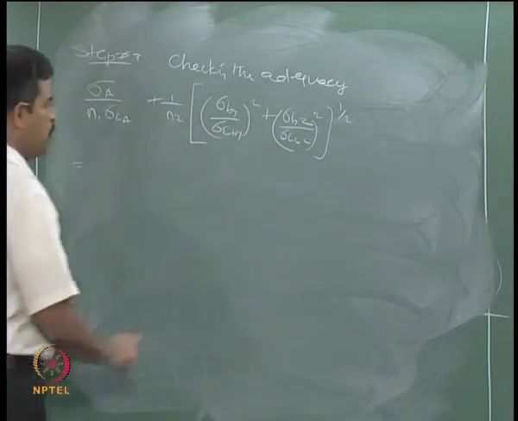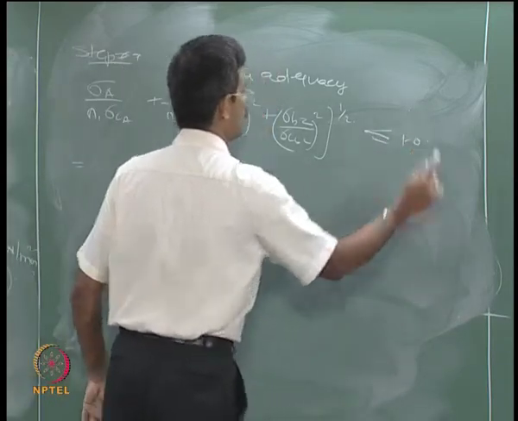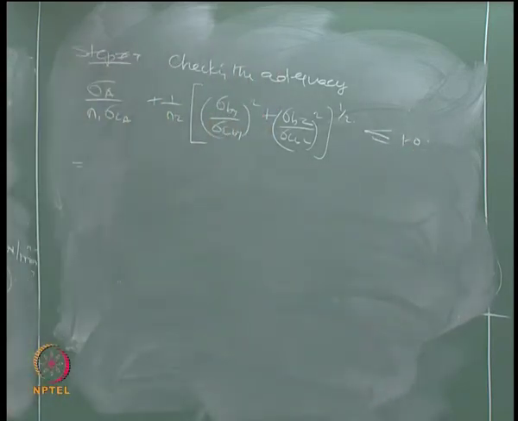This should be less than or equal to 1, that is the unity check.